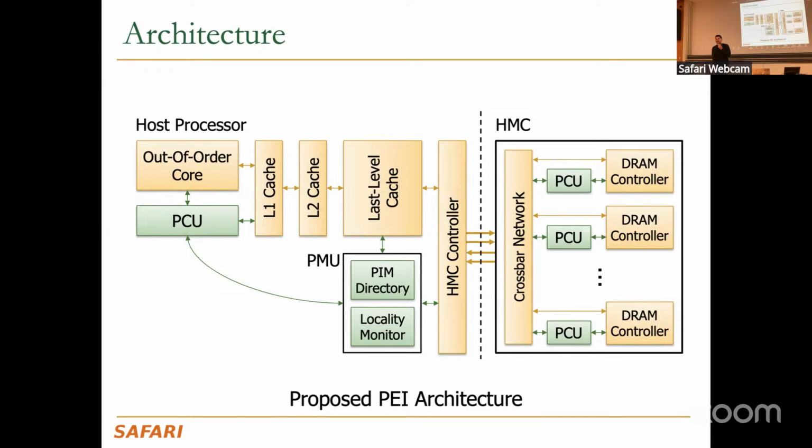If you open a row, you open 8 kilobytes of data, and when you read a cache line, usually you read 64 bytes of data. So if you only operate over 8 bytes, you're basically underutilizing the internal bandwidth of your DRAM chip. It goes against the purpose of maximally utilizing the internal bandwidth of DRAM to accelerate memory-intensive applications. So this is good, but it caps the performance that you can get from your PIM system.